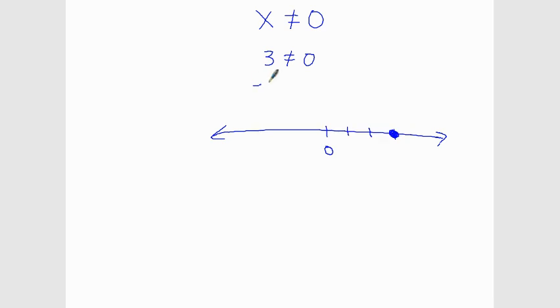But if I go on the other side and I say -3 does not equal 0, that would also be a solution. So 1, 2, 3. So if I say 0 does not equal 0, well, that isn't true, so I have to put an open circle there, and what I effectively end up doing is shading in both directions.